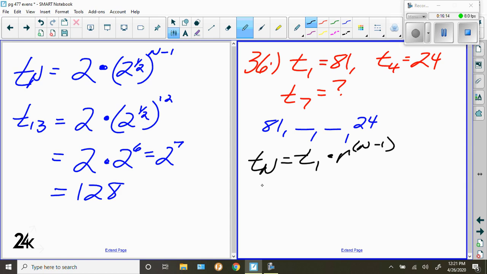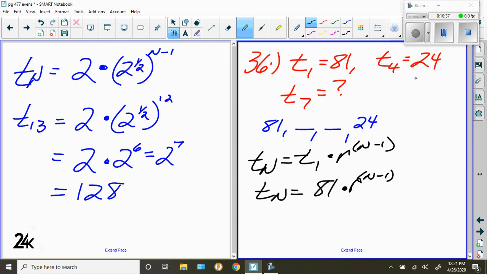But we know on this particular problem that it's 81 times r to the n minus 1. Okay? Do you get that? So if I plug in 1, that doesn't help me solve for r.